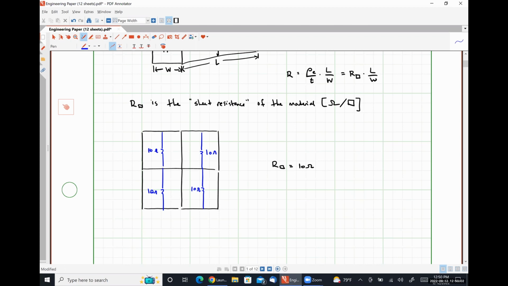This square chunk of material will always come out to have a resistance of 10 ohms, okay? So it doesn't matter if it's 10 microns by 10 microns or 10 millimeters by 10 millimeters. If it is a square, it has this particular resistance, okay? All right, so sheet resistance is out of the control of the CMOS designer because it is specific to the process node, okay?